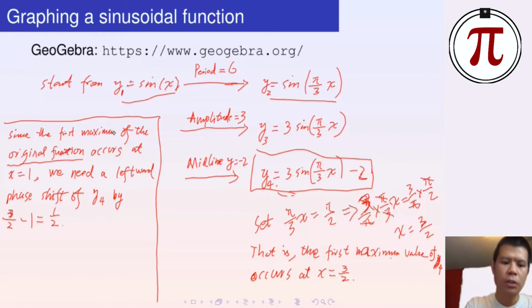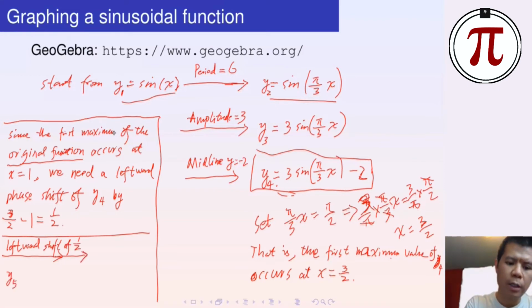So here we go. We do the leftward shift, left shift of 1/2, equals what? Now be careful.